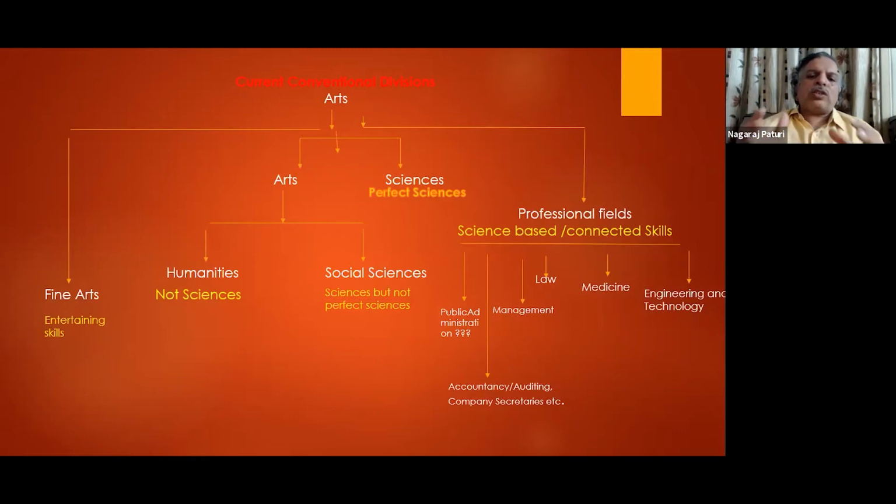So the measures of the scientific nature of a discipline are all borrowed from the perfect sciences, the basic sciences, and social sciences either have a low self-esteem or rank themselves under sciences on the basis of how much of those qualities of perfect sciences are there in social sciences or not.